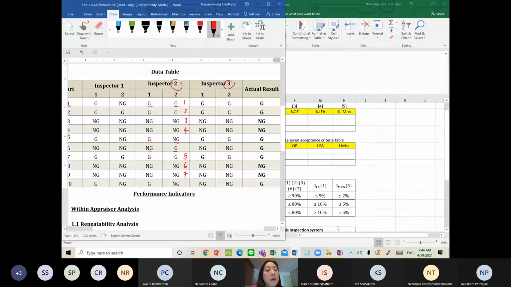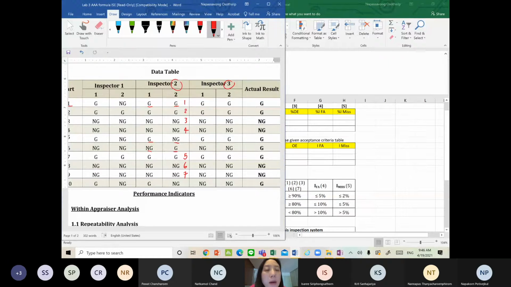For example, inspector number 2: there are 7 parts, in the red text here, that this operator gives consistent results. Now if we want to appraise accuracy, we have to compare those consistent results with the actual results, to see whether the results are correct or not.